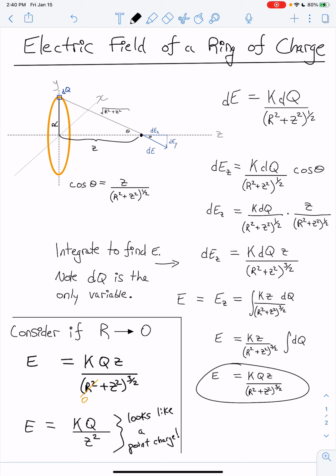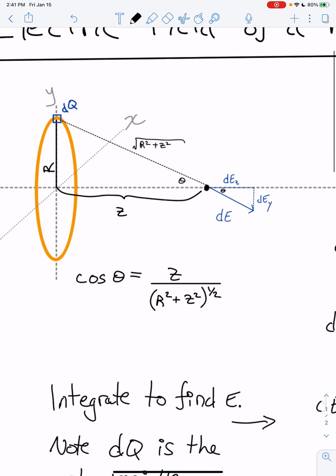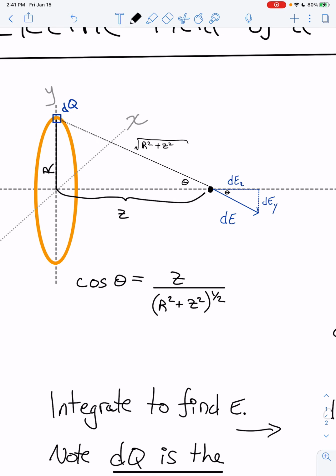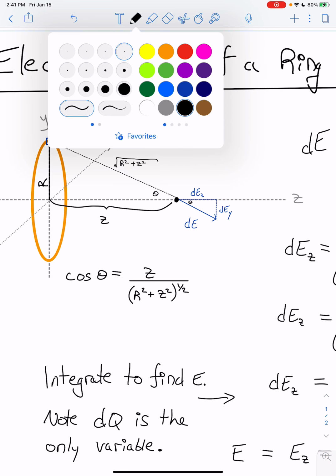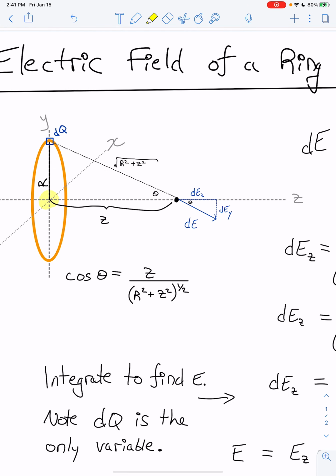There's one last thing to do, and I'd like you to try it, and that's to determine where the maximum electric field is along Z. Because if we look at this situation, there's some interesting features. First of all, let's take a look at the center.